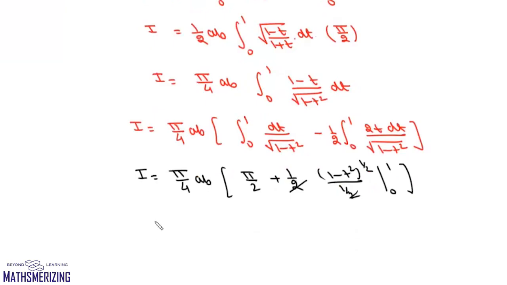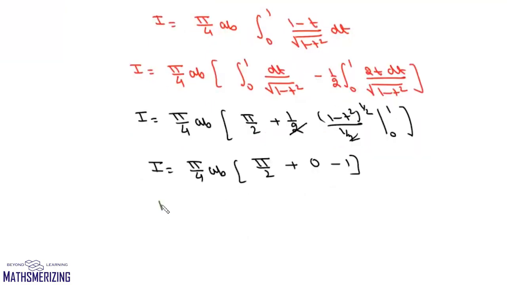So we'll get pi by 4 ab into pi by 2, and then plus, if we put t as 1 it will be 0, and if we put t as 0 it will be simply 1. So the value of this integral will be pi by 4 ab into pi by 2 minus 1, and that is the answer to this question.